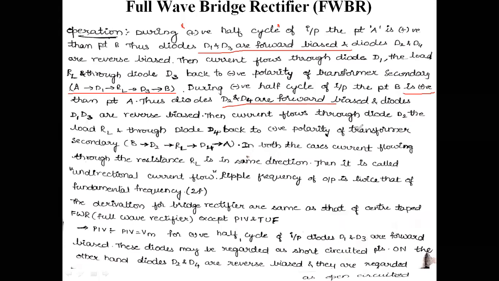Then current flows through diode D2, the load resistance RL, and through diode D4 back to the positive polarity of the transformer secondary.